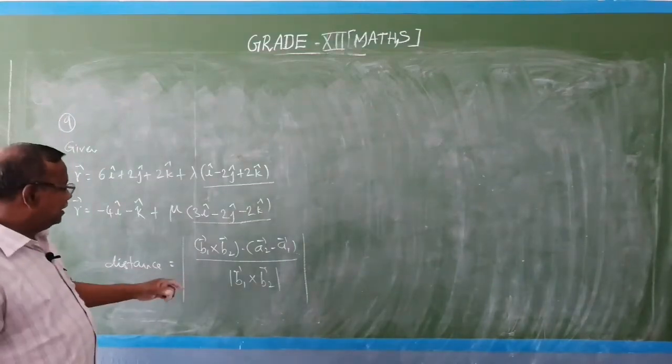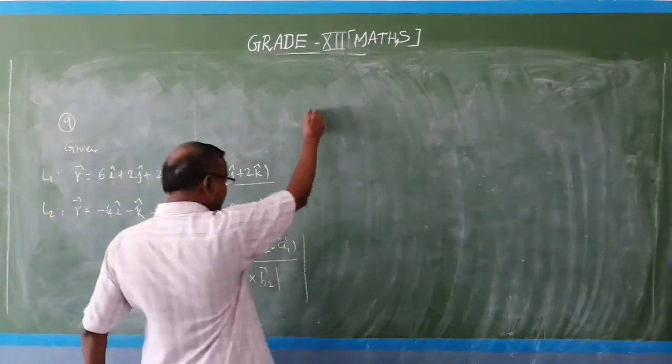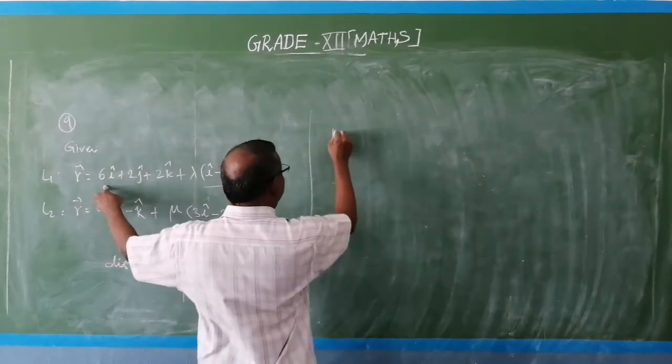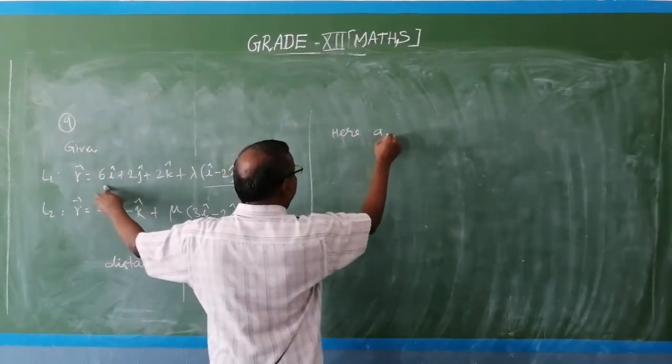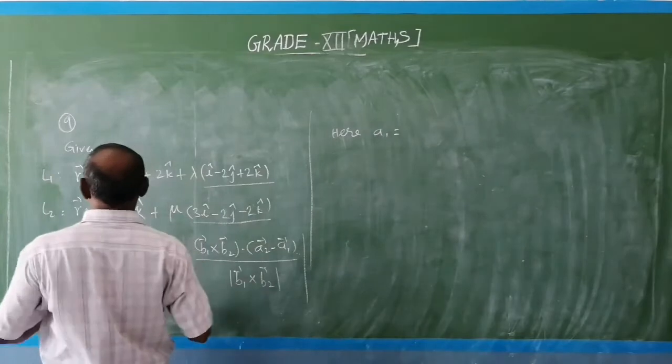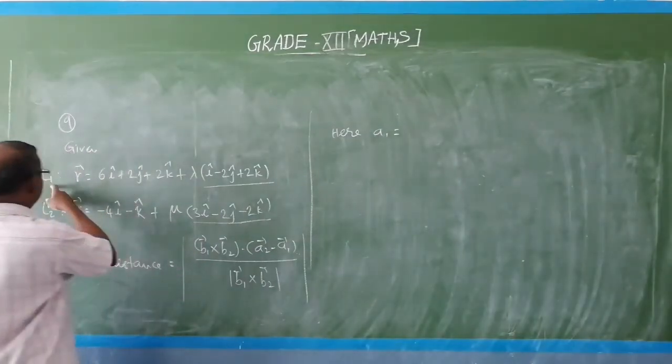First find b1, a1, a2. In the first line we take r vector equal to a1 vector plus lambda into b1 vector. In the second line we take r vector equal to a2 vector plus mu into b2 vector. So it is a1 vector, b1 vector, a2 vector, b2 vector.